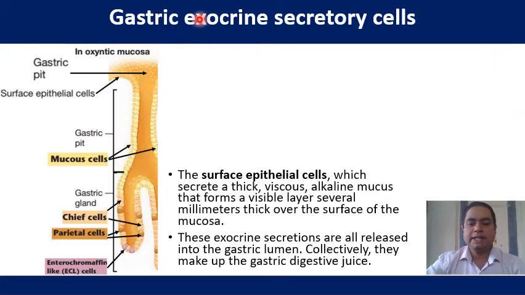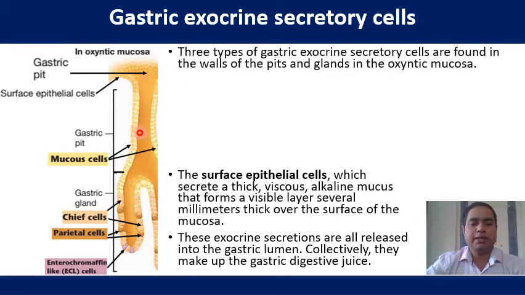First we will learn about the gastric exocrine secretory cells, which lie in the oxyntic mucosa. In this figure we can see the gastric pits and the lumen of the gastric gland, and it has three types of gastric exocrine secretory cells: mucus cells, chief cells and parietal cells.